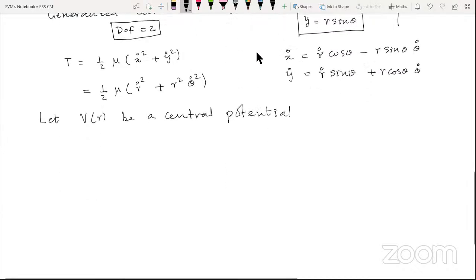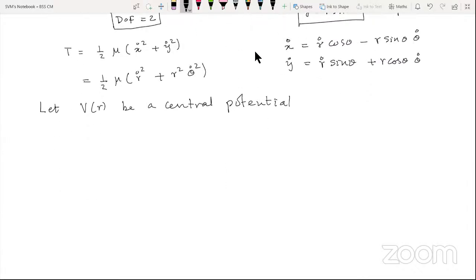Then the Lagrangian L for the central potential problem will be equal to half mu times r dot square plus r square theta dot square, minus V of r. Right now I'm going to keep this V of r as V of r itself. Now there are 2 degrees of freedom, so we have to write down the Euler-Lagrange equation corresponding to the 2 degrees of freedom separately.